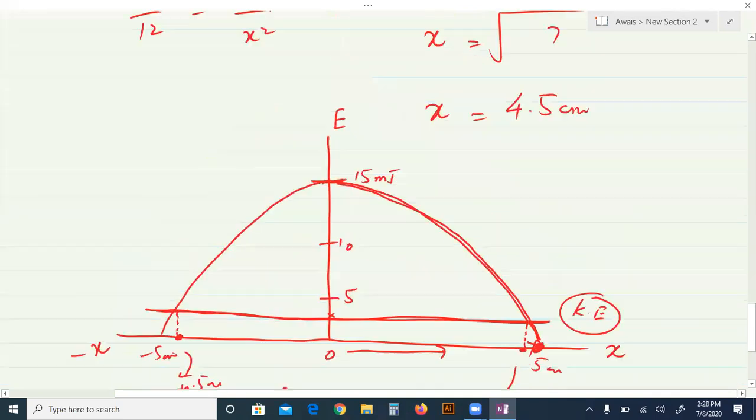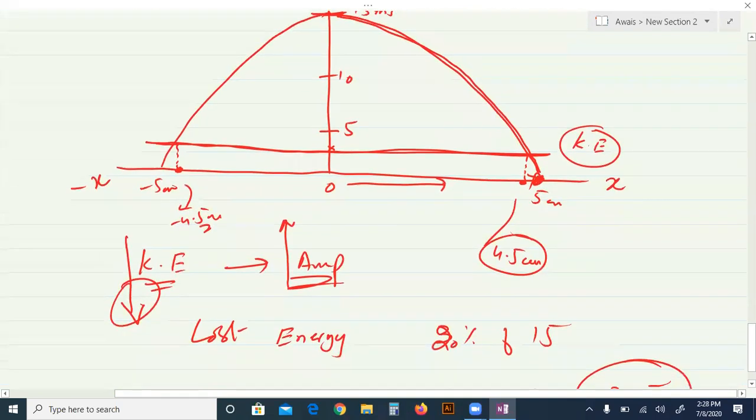So whenever we have to attempt this question with the help of the kinetic energy graph, we will use the lost energy, because with the gain of the amplitude, kinetic energy decreases. So when you draw the horizontal line exactly at the lost energy, then you will get the exact value of 4.5.